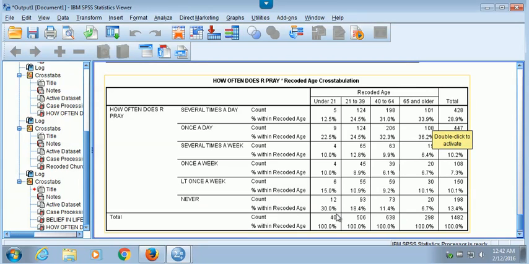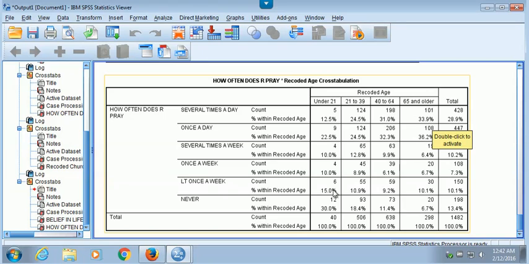Like we looked at before, the older crowd, the 65 and older, and even 40 to 64, so you could say 40 and over because you could collapse these two categories, are much more likely to pray at least once a day, whether it's once a day or several times a day. Your younger crowd, the 21 and under, are less likely to pray.